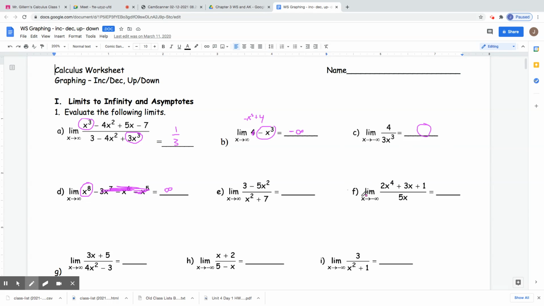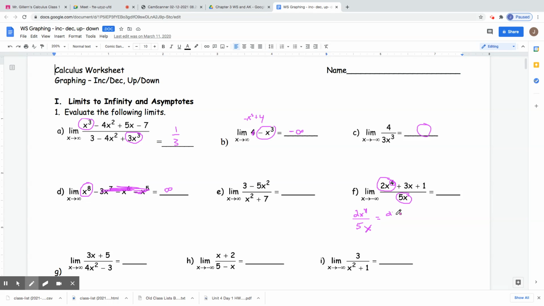If I look at one like F, the degree is larger on top. It's 4 on top and it's 1 on the bottom. So what we're going to do is take the two leading terms. In this case, the answer is either going to be positive or negative infinity. You've got a 50-50 shot because this is a slant asymptote. So you get 2x to the fourth over 5x. The x is going to cancel here. This is becoming 3.